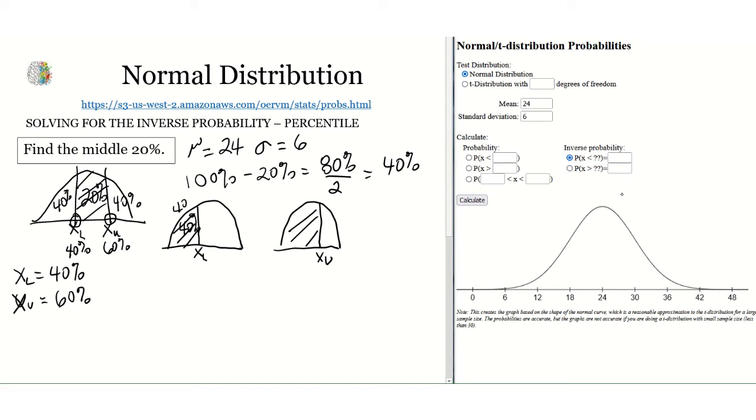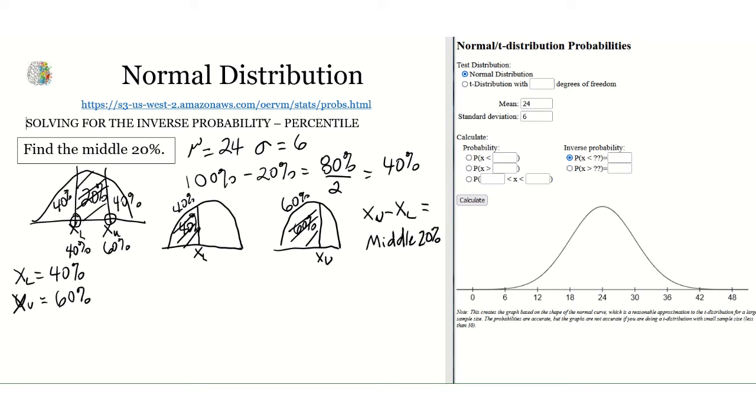So this is 40%, and this is 60%. I'm going to solve for those two, and then I'm going to take the difference between the upper and the lower, which is going to give me my middle 20%. So this is what I'm solving for.